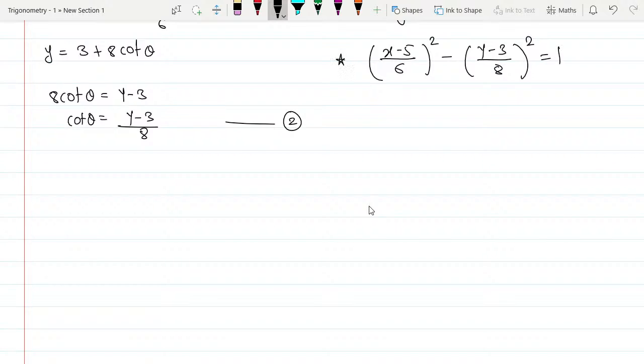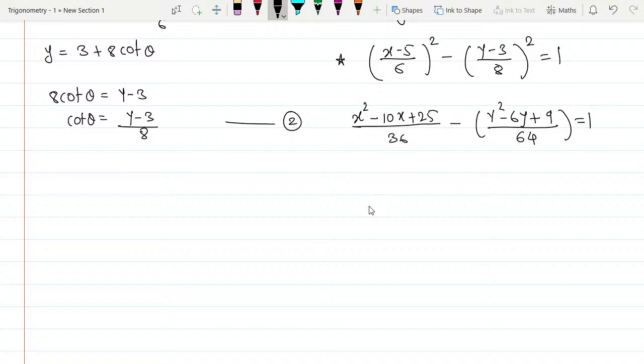Open the brackets, using a minus b whole square in the numerator. So this becomes x square minus 10x plus 25 divided by 36, minus y square minus 6y plus 9 upon 64, is equal to 1.